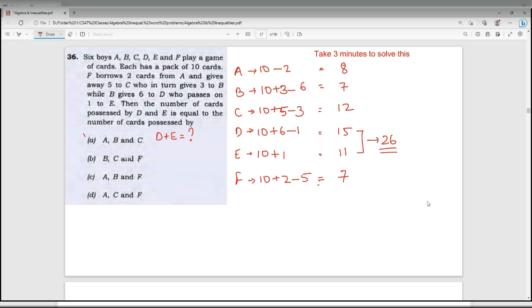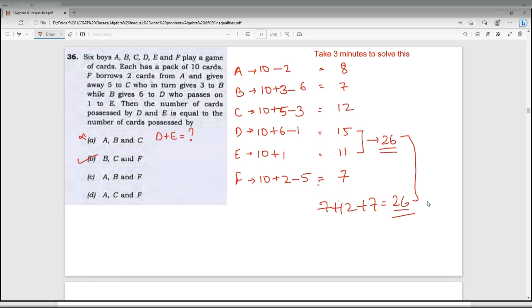So this is not correct. Now B, C, and F: B plus C is 12 plus 7, which is 19, plus 7 is 26. This is equal to 26.